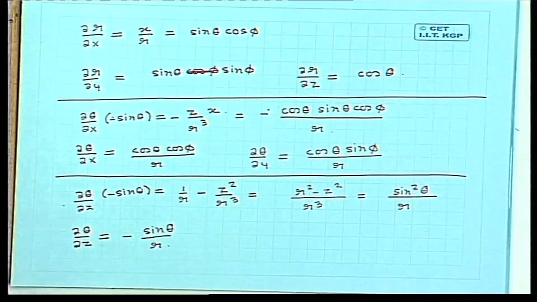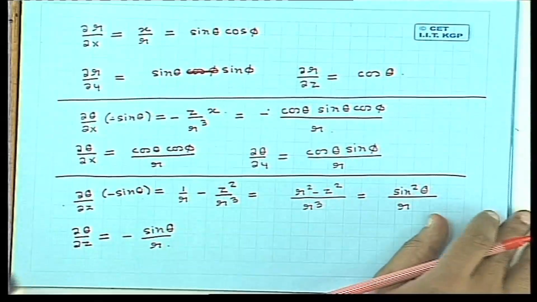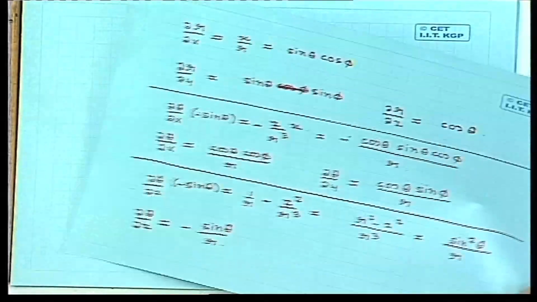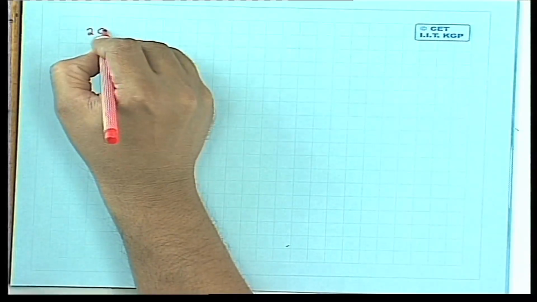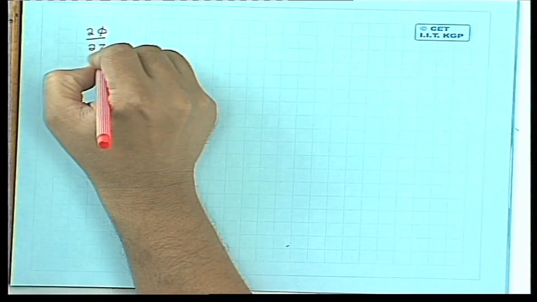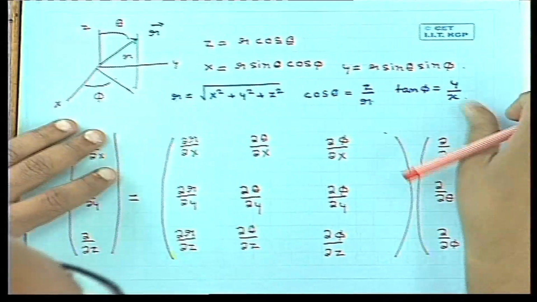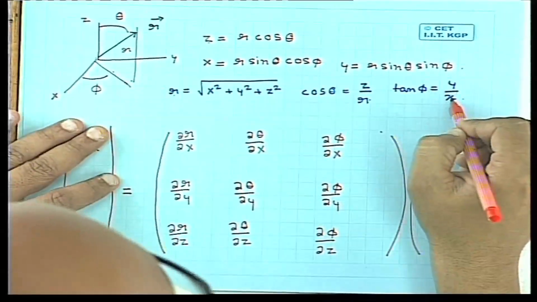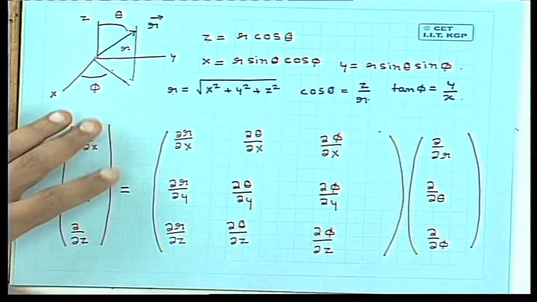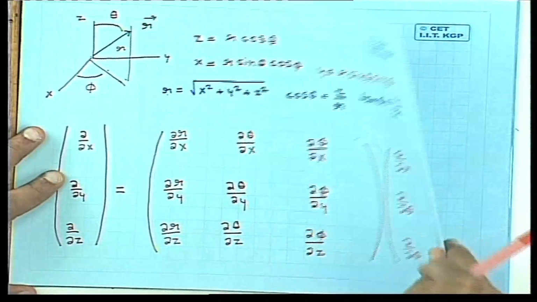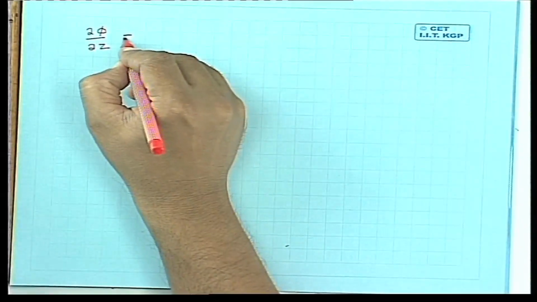Okay. So, we have 3 more derivatives to evaluate. So, let us also do that. The next 3 which we have to evaluate are del phi del z. Del phi del z is 0. Let me show you the relation for phi. Tan phi is equal to y by x. So, if I differentiate this with respect to z, it does not change. So, del phi del z is equal to 0.